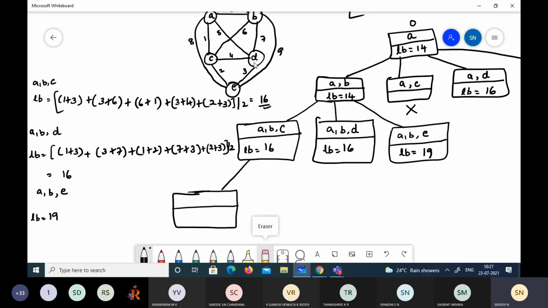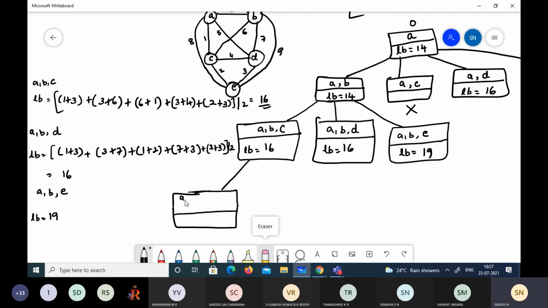What we do is, we go to D next. There is a path to D and E from C. Okay, so we will say A, B, C. If I go to D, then I'll be left out with only this one cycle.